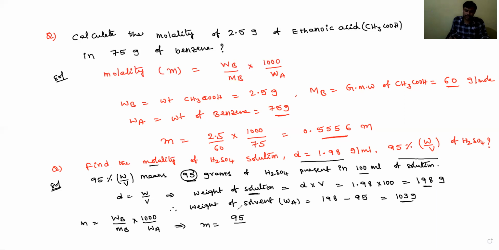The gram molecular weight of H2SO4 is 98, because hydrogen's atomic weight is 1, sulfur 32, and 4 oxygen atoms are present, each 16. Adding the atomic weights of all the atoms in H2SO4 gives 98 grams per mole.